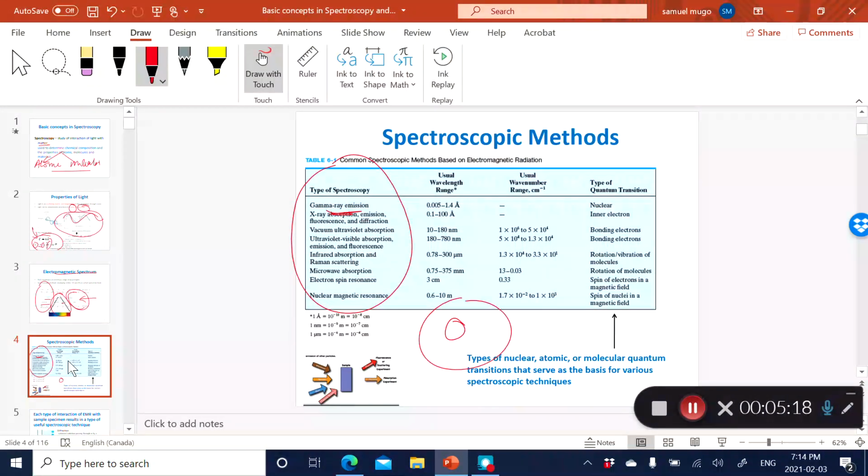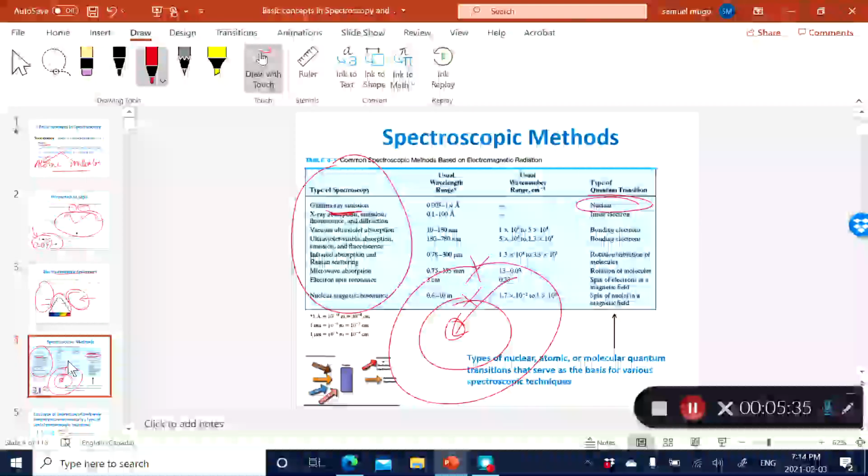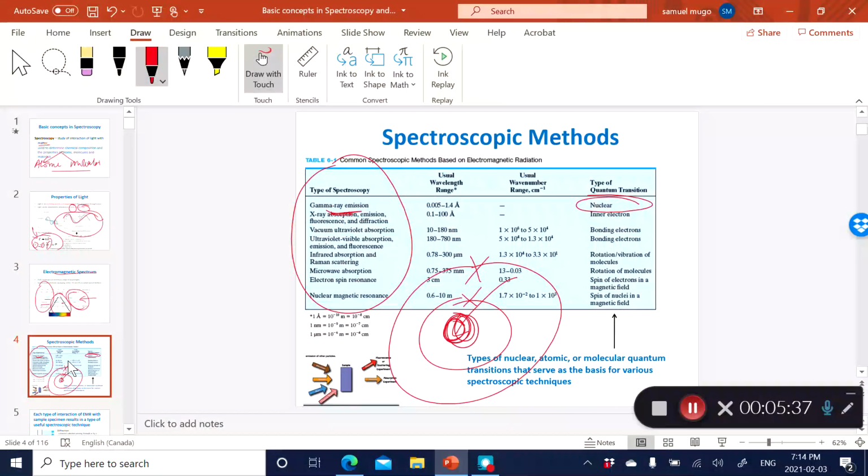It does not only penetrate the outer electrons, it penetrates the inner electrons, and it gets to the nucleus, and that is what you'll be having. Nuclear transitions are the type of transitions that will be taking place. It's going to be affecting the particles within the nucleus because it's very, very penetrative.